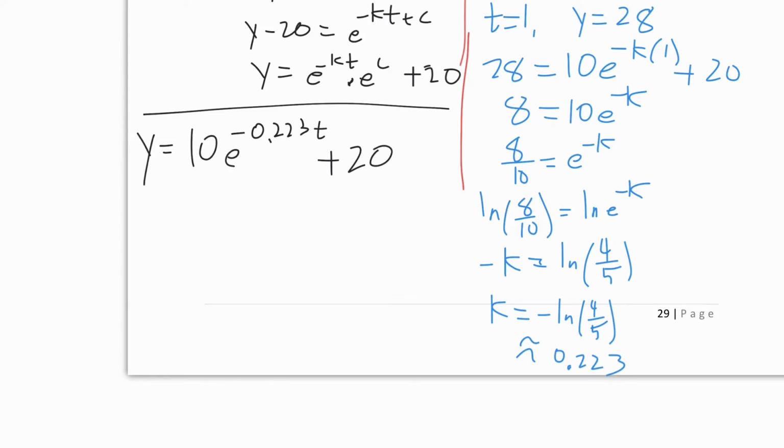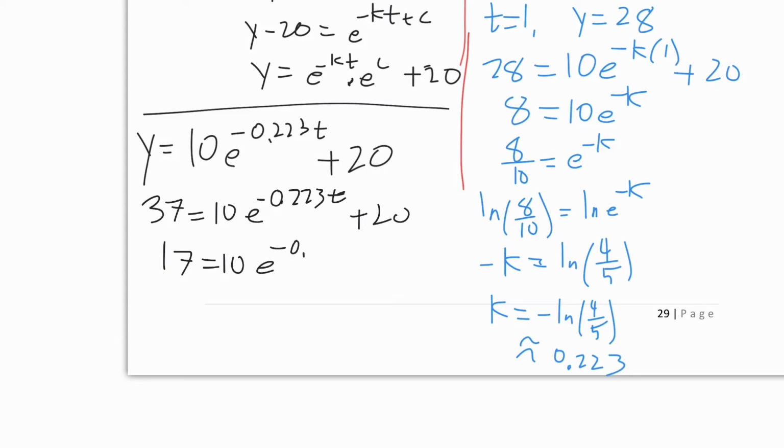All right. Well, we want to figure out the time when the body temperature was 37. So 37 is equal to 10 e to the negative 0.223t plus 20. All right, well, let's solve for time. We'll move the 20 over to the other side. So we'll get 17 is equal to 10 e to the negative 0.223t.